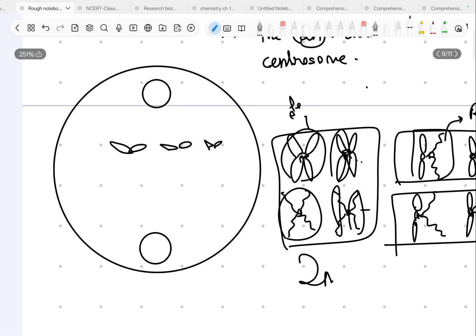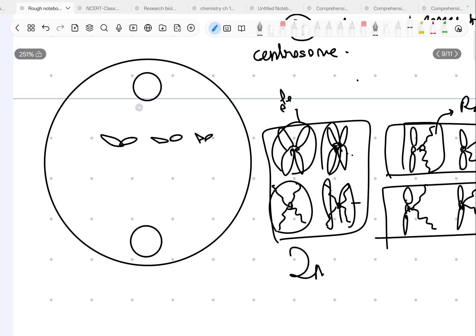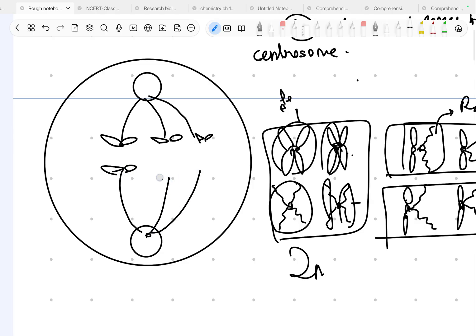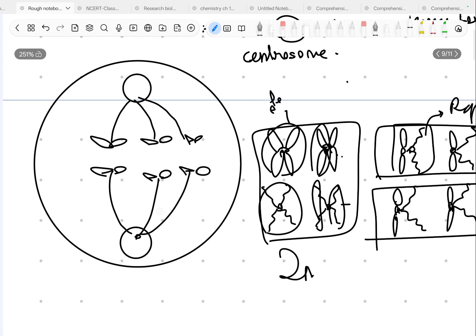Let's see what occurs here. You have pulled out the chromosomes. Here a non-kinetochore spindle fiber will be there.